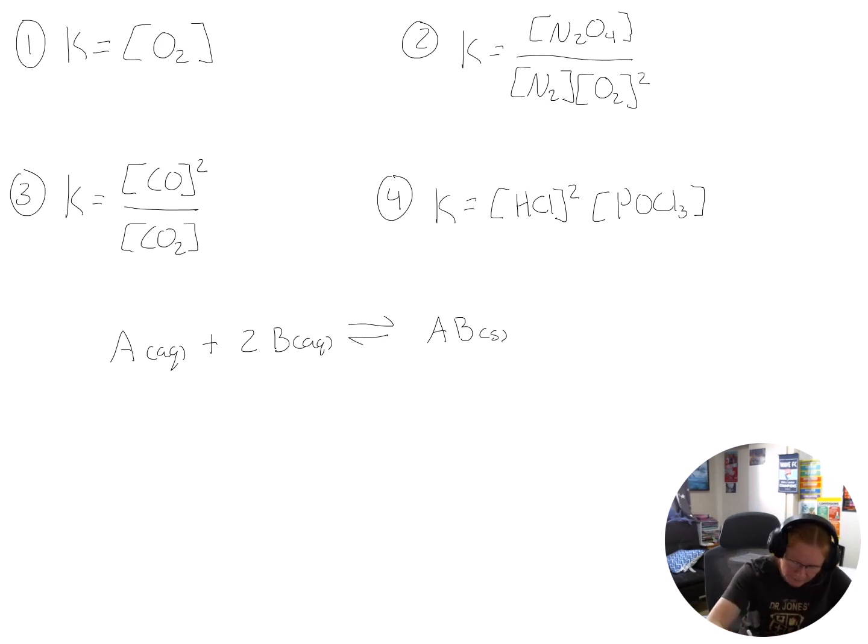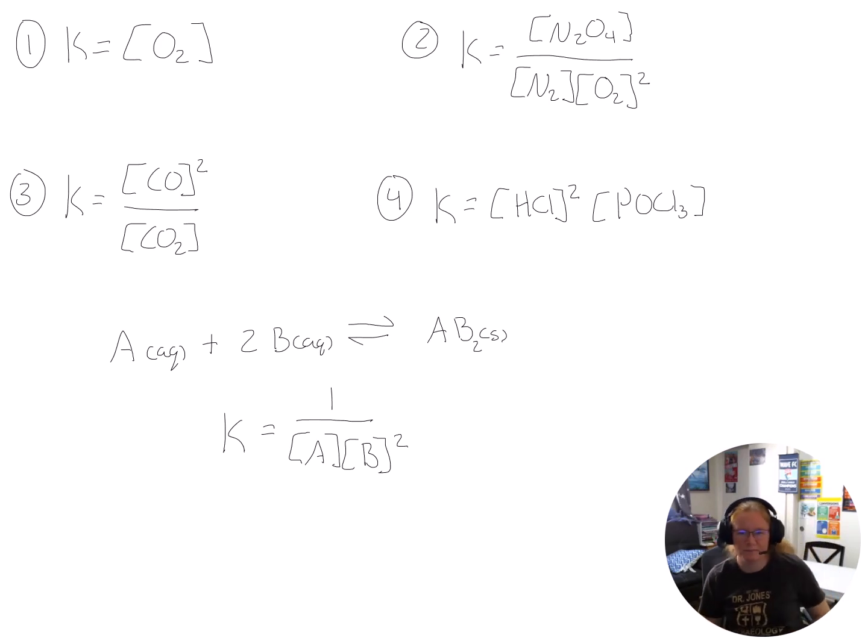What if it was something like that? What happens if you have a situation where your product doesn't show up? Because products go on top. So think about that for a second. What can you do? Well, it would be like this. Because I don't put the product in there, I'm going to put 1 over. Like that. Okay? All right.